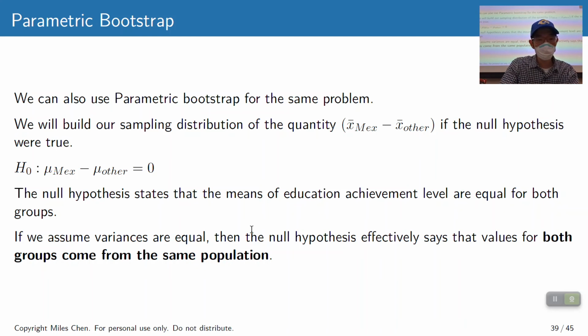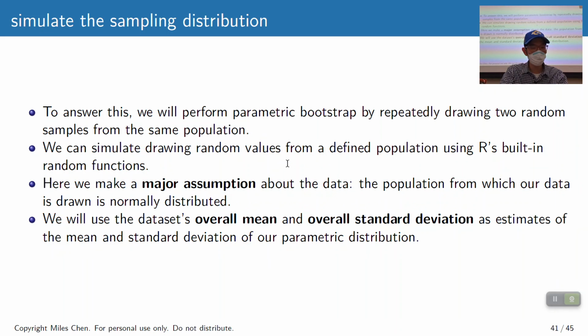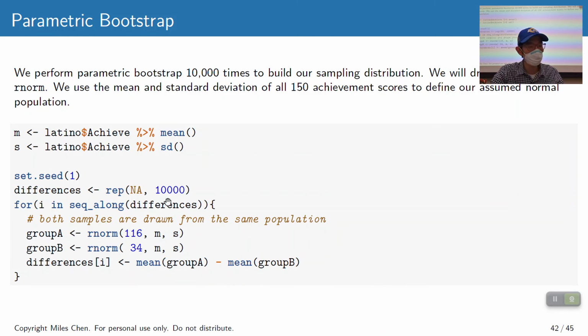Okay, what if we want to do parametric bootstrap for the same population? With parametric bootstrap, we're going to simulate values coming from a normal distribution. We're going to assume that the education achievement scores come from a normal distribution, and if the null hypothesis were true, that they're coming from the same population, the same normal distribution.